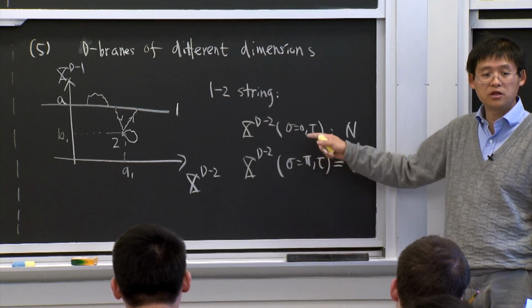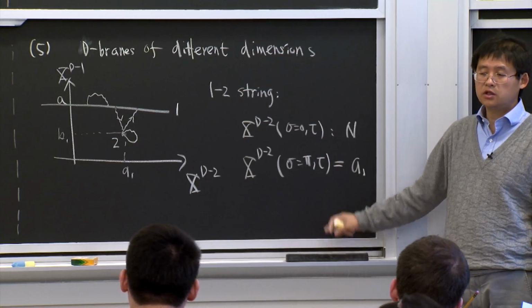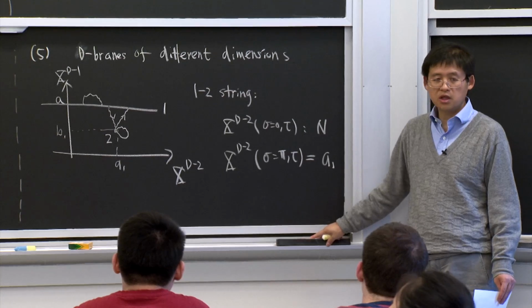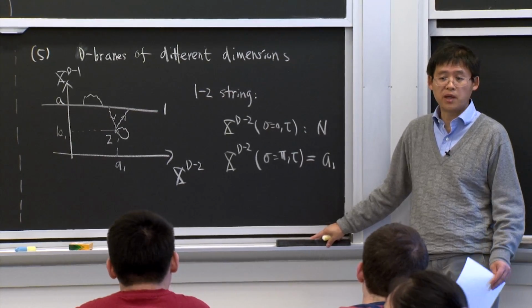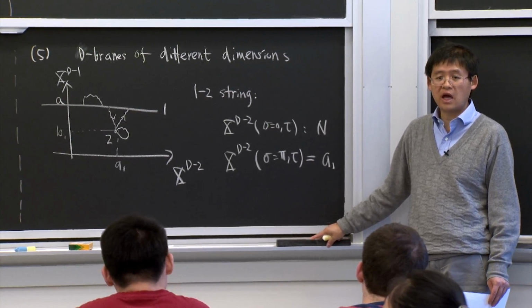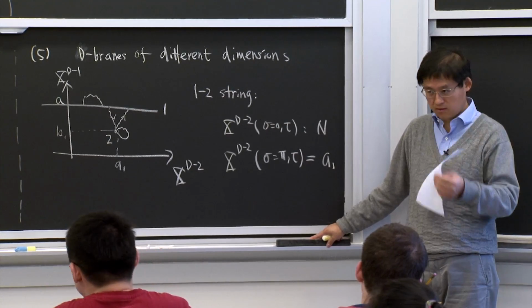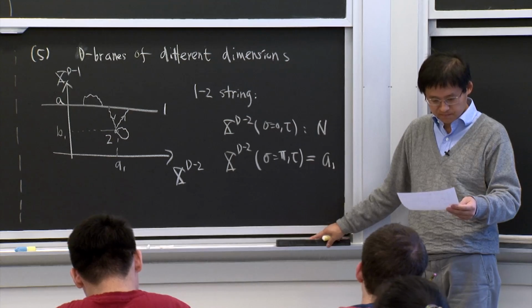Okay, any questions about this? So these are pretty simple. You just need to get used to it, spend a couple of minutes, draw a couple of diagrams, then you will be an expert. This is pretty elementary.